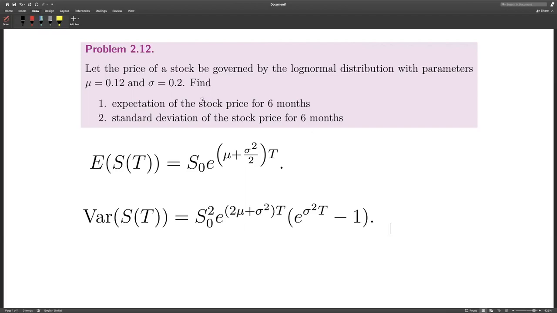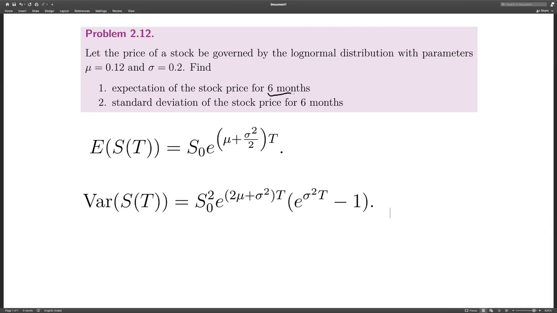Now what is given to us here? First of all, it is for 6 months. Therefore, we can take t is equal to 1 by 2, 6 by 12 it means. And mu is given by 0.12. Sigma is given by 0.2.